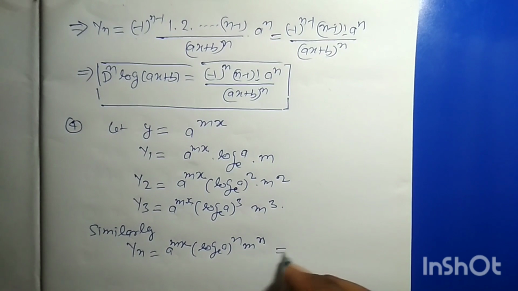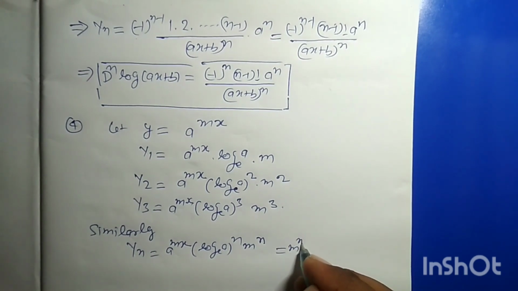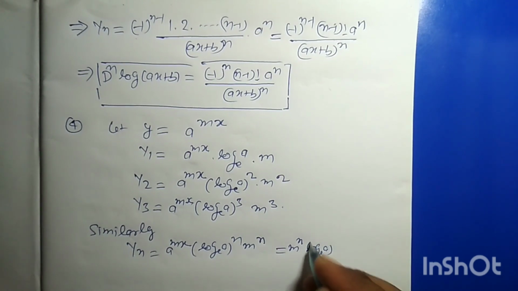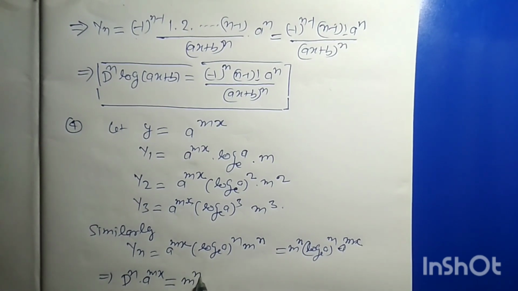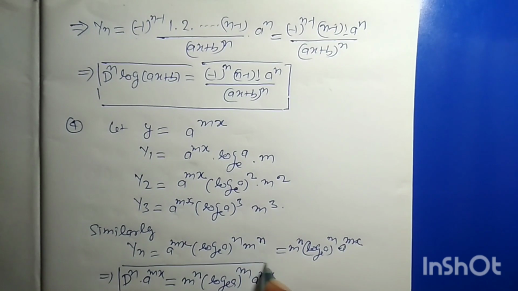So implies that d^n a raised to power mx equal to m की power n log a raised to power n, a raised to power mx. This is the another derivative for the function y is equal to a की power mx.